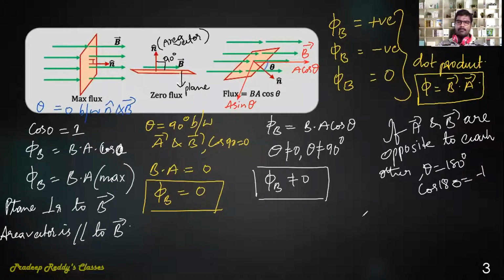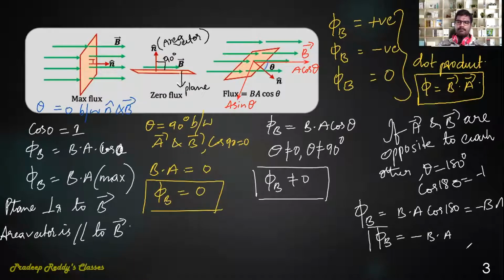Therefore, you can write phi B is equal to B A cos 180, which is equal to minus BA. Therefore, phi B is equal to minus B into A. Therefore, magnetic flux can be positive, can be negative, or can be 0. That is confirmed from these examples.